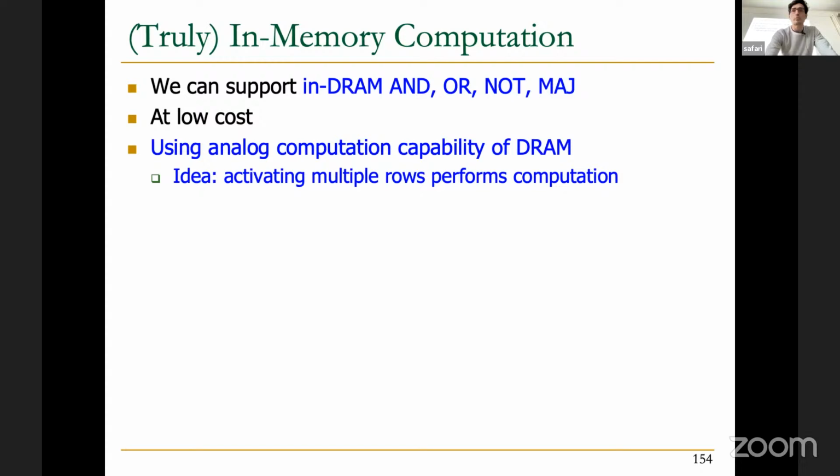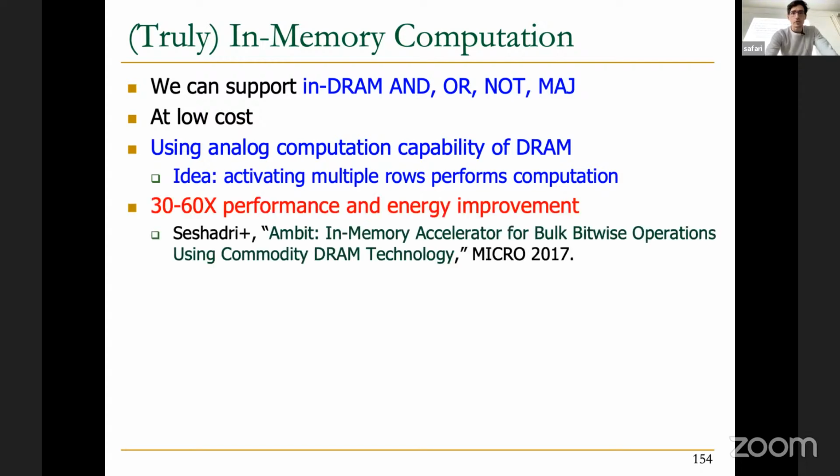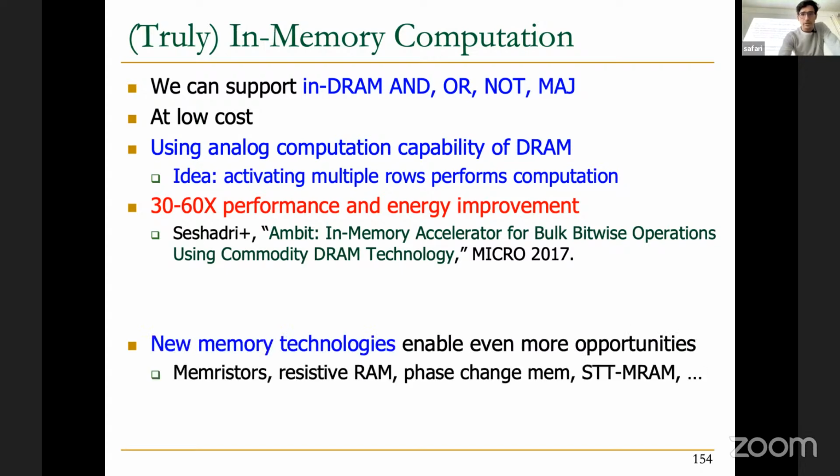And by the way, these operations have already been shown possible by the authors of this ComputeDRAM paper in some real chips. We will probably see more research in this direction in the future. This multiple row activation was proposed in a paper in 2017, and I'm going to describe it briefly for you to understand the true potential of these techniques.